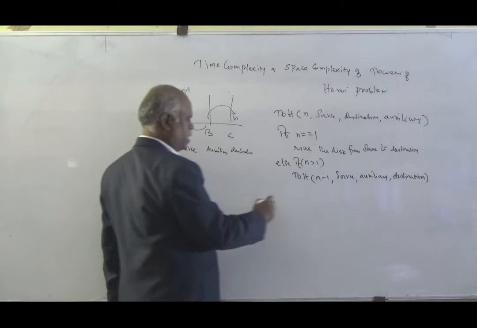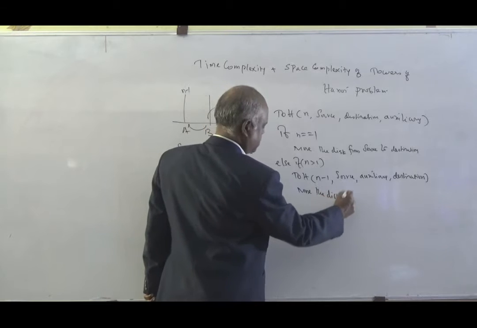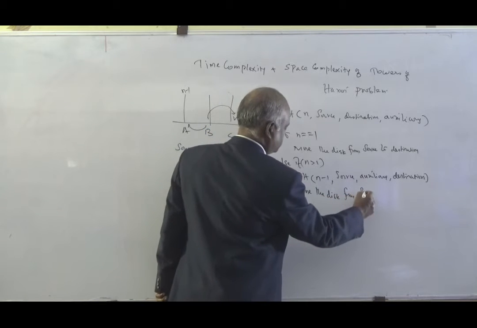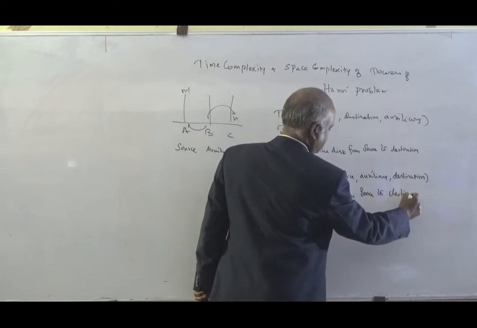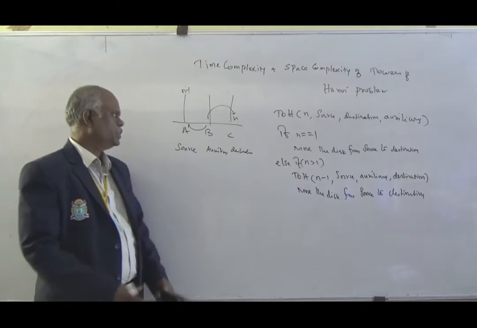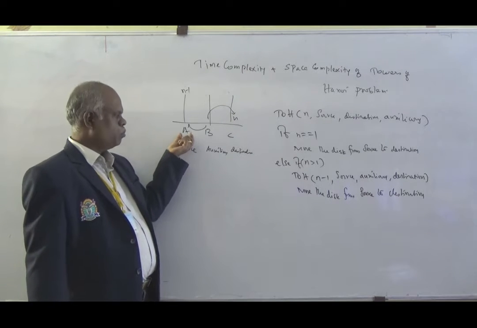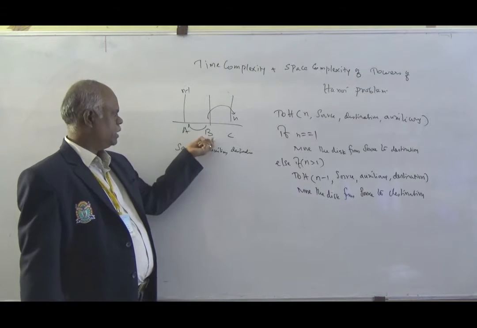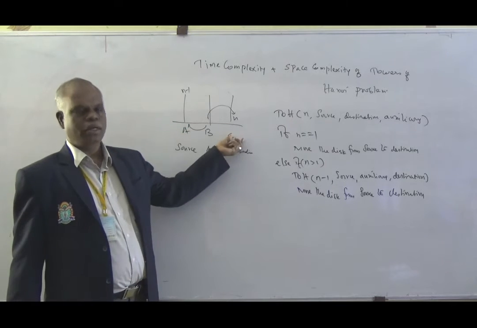Now we'll have only one disk in the source, so move the disk from source to destination. Now what is the current situation? Initially there were n disks. We have moved n minus 1 from A to B. So there is only one disk. That last disk is moved from A to C.